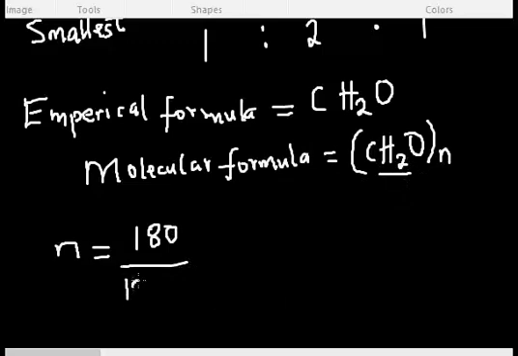So that's 12. Molar mass of carbon is 12. Then 2 times the molar mass of hydrogen, that is 2 times 1, 2. Then plus the molar mass of oxygen.